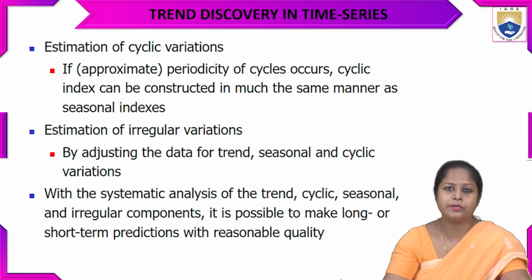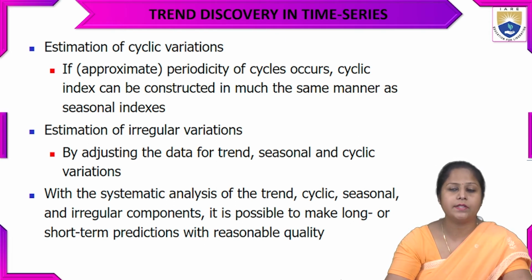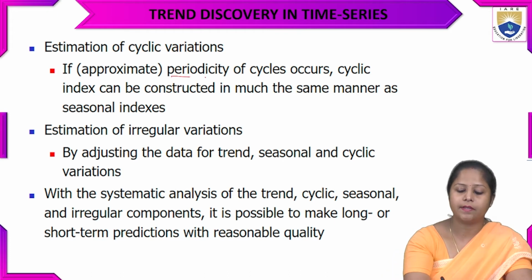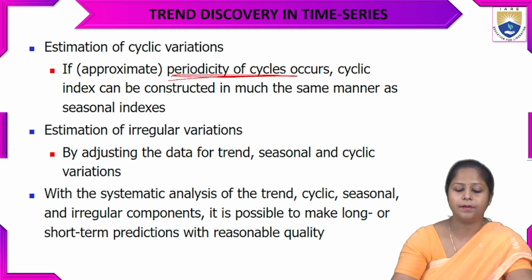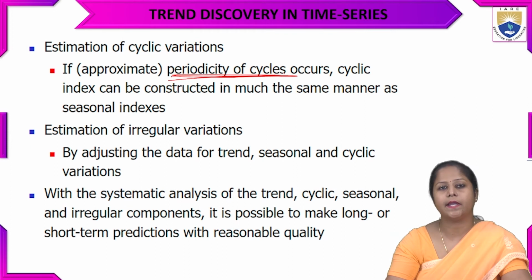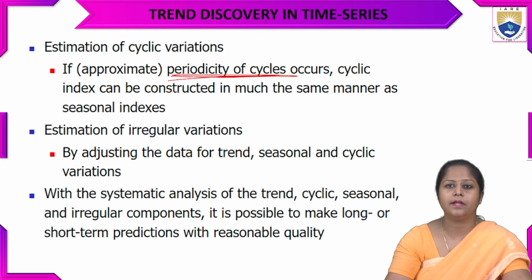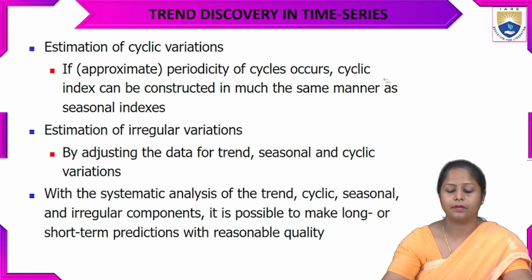Here also we take the cyclic index according to the periodicity of the cycle which exists in a certain period. We take the cyclic index and divide the original data by it, and then we get the actual trend for that period of time, right?